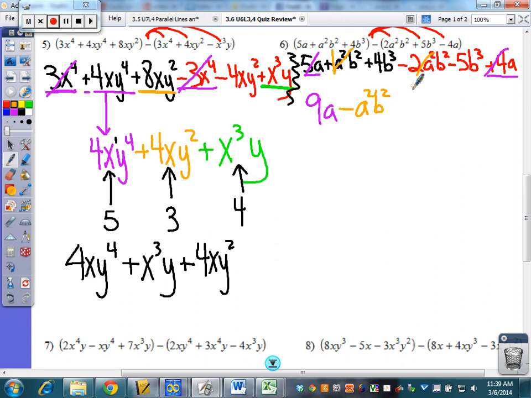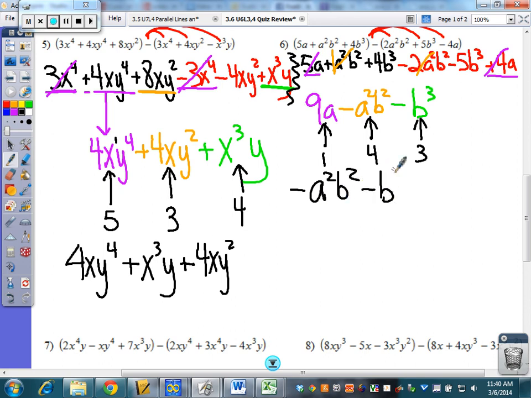And the last one here, we have 4b cubed minus 5b cubed, which is negative 1b cubed. The degrees of the terms are 1, 4, 3. So my order is negative a squared b squared minus b cubed plus 9a.